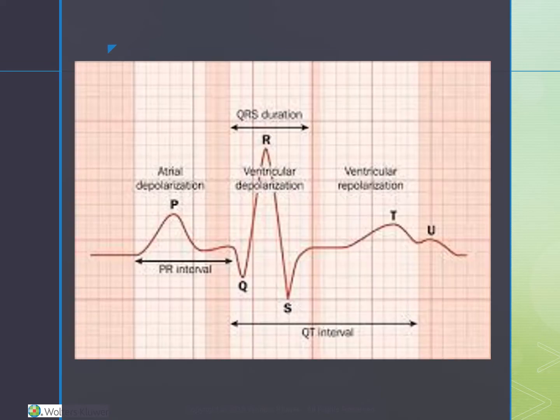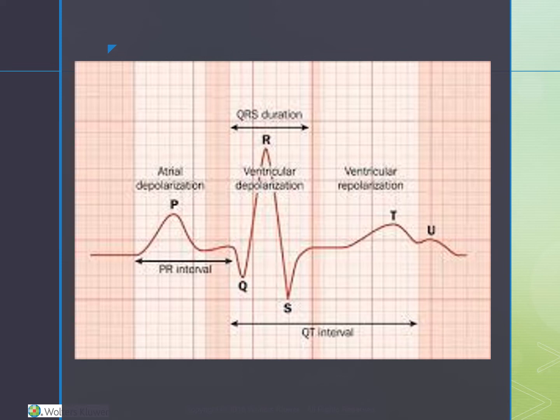So let's look at it a little bit more in depth. When you look at the heartbeat, each tiny square here measures 0.04 seconds. We are going to measure the PR interval, and the normal interval is going to be 0.12 to 0.2 seconds.